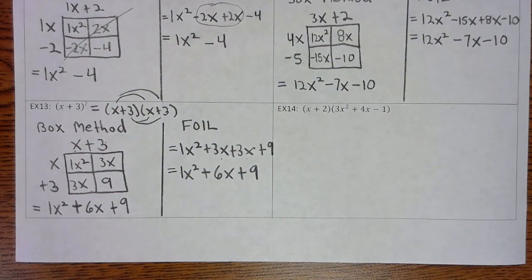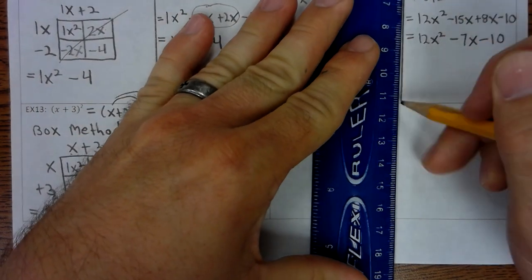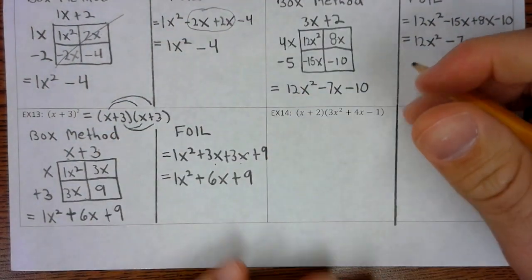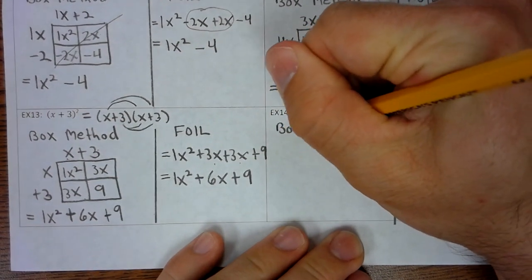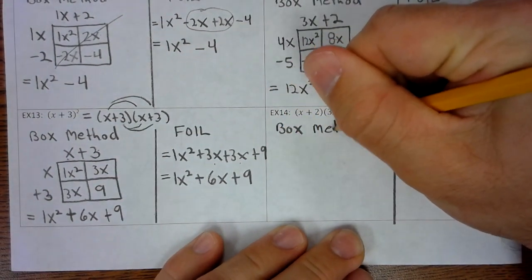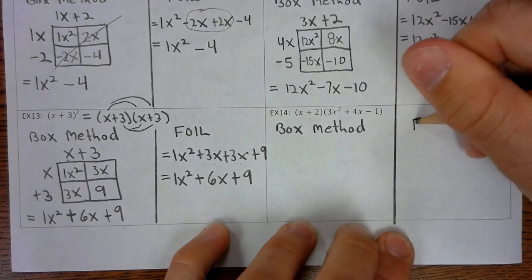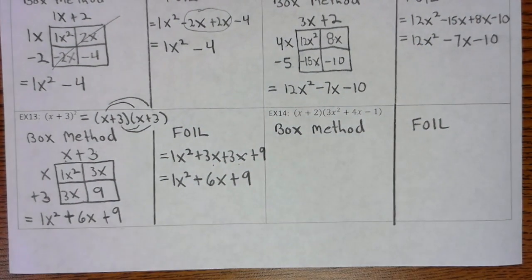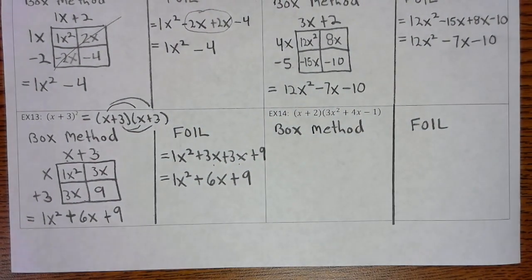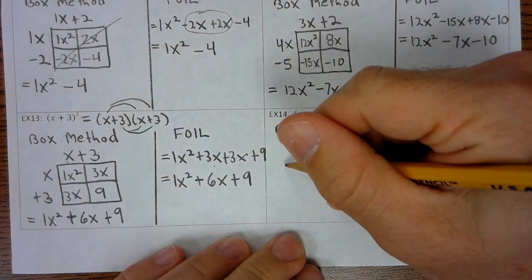All right, last one. We're going to do the box method. And we're going to do FOIL. All right, so box method, we draw a box.